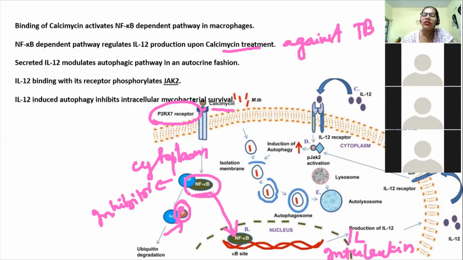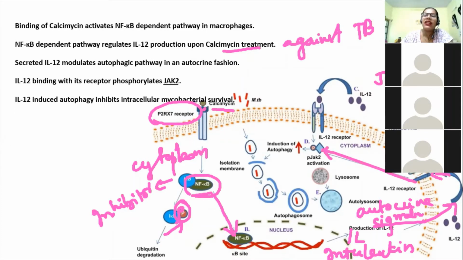Now these are produced, and they are secreted out of the cell. Because of the autocrine signaling, it binds to its own receptor on the same cell. So we are talking about the macrophages, okay? So it binds and activates your JAK-STAT pathway.